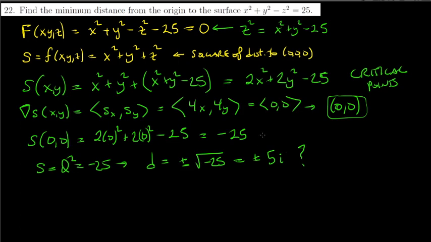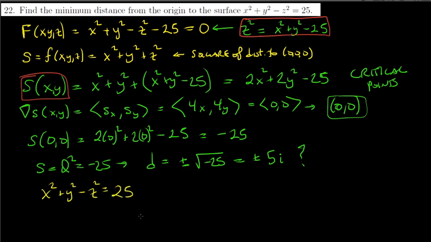Right, so I don't think I did anything wrong. My mistake was doing the usual thing here, solving for z, because we usually like to write the function in terms of x and y. Okay, that's not going to work here. And the reason why that's not going to work is you can go back to the surface, right? The surface is given by this equation here, equals 25, right?